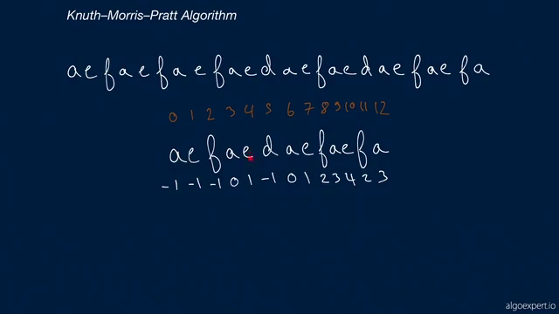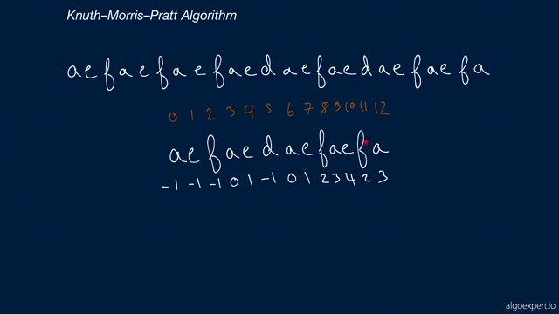Then we get to this E, and we clearly see that this substring AE appears at indices 0, 1, ending in 1, right? Then the D doesn't appear anywhere, so -1. Then we have A, again 0, E, AE, 0, 1, F, AEF, 0, 1, 2, 3, 4, because we have another A and another E.